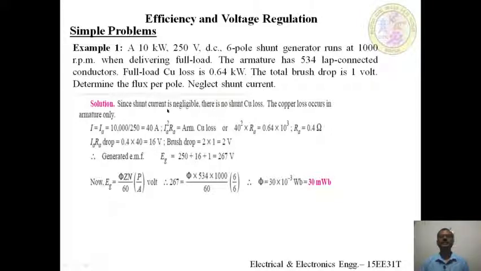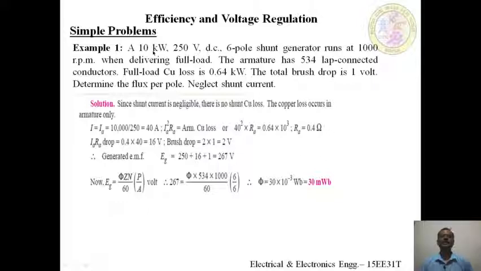With the given data, we can calculate. Since the shunt current is negligible, there is no shunt copper loss. The copper loss occurs in the armature. So neglecting the shunt current, I is equal to IA, which can be calculated from the given data.